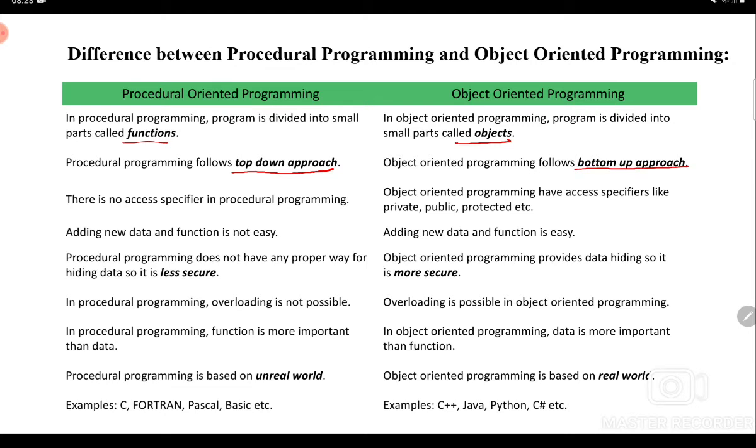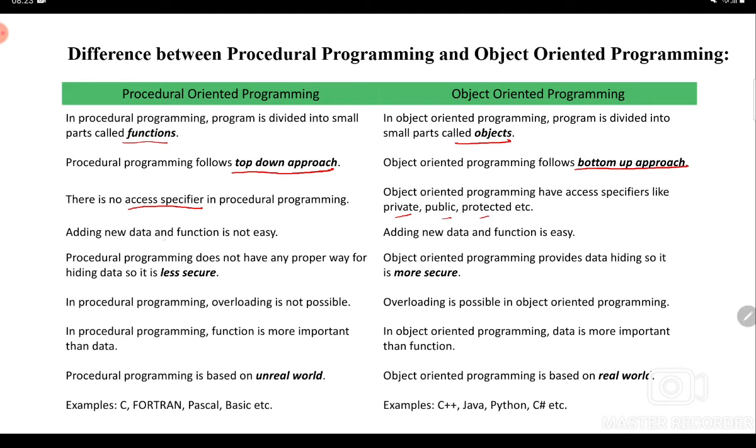There is no access specifier in procedural programming. However, 3 different types of access specifiers are commonly used in object oriented programming, which are private, public, and protected. We also have other access specifiers, which we will discuss as and when we come across them.